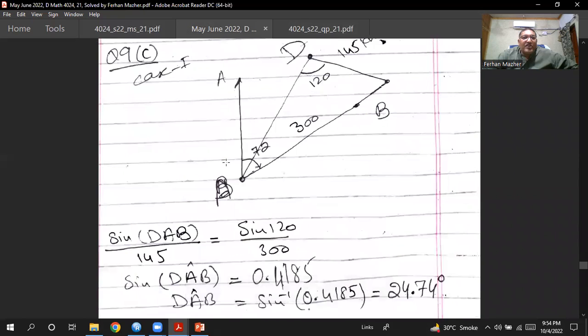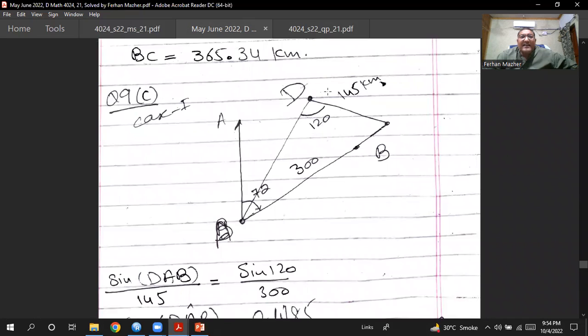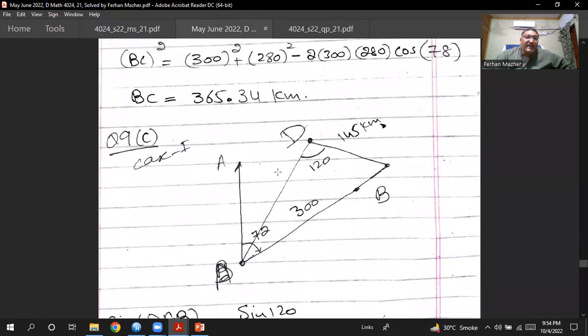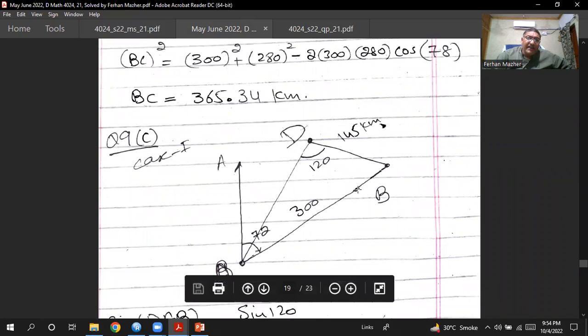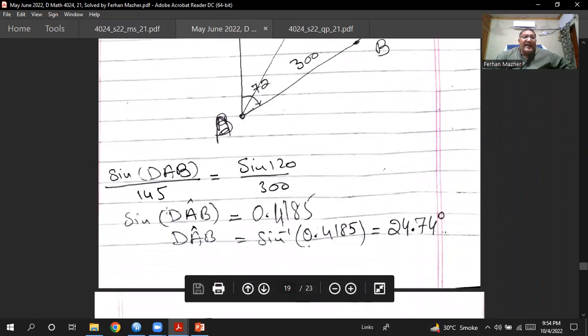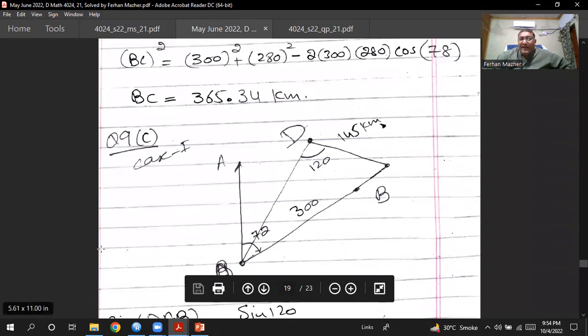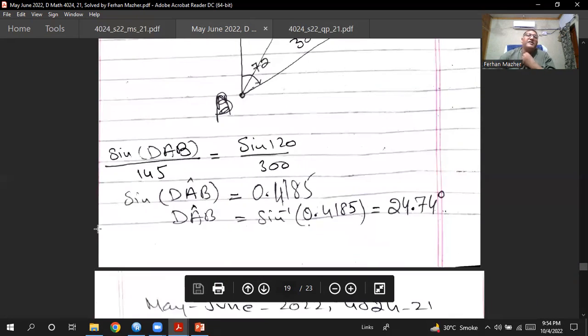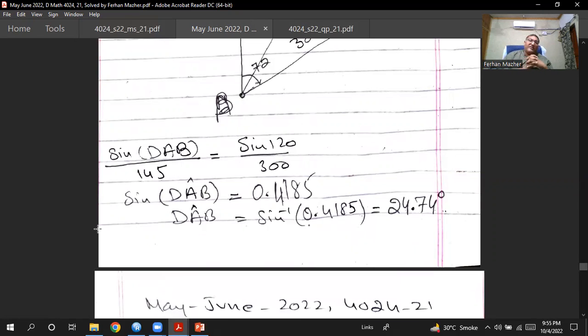So this angle is 120. This side DB is 145 kilometers. This total angle is 72. This is 300. So I can find out the DAB angle. I will apply the law of sine. You know that sine DAB over 145 equals sine 120 divided by 300.